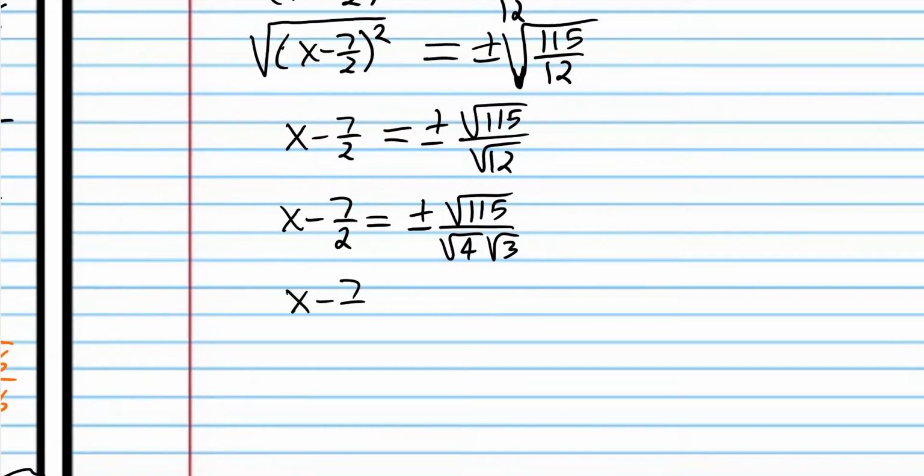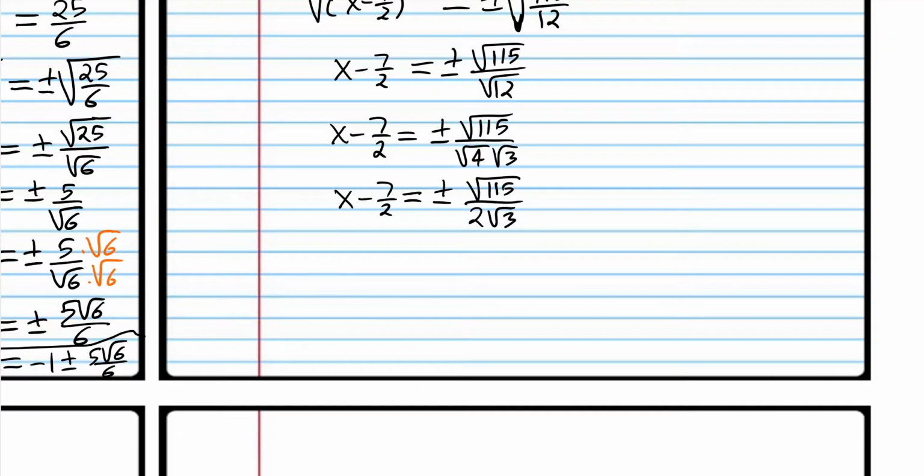So you're expected to really skip some of these steps. So we have 2 root 3. And then at that point, we can multiply both sides of the equation by root 3 to get rid of that root in the denominator.